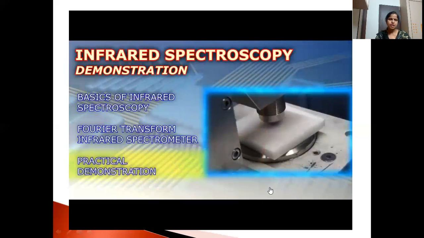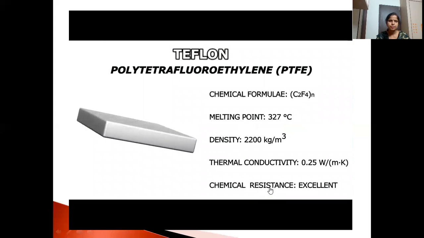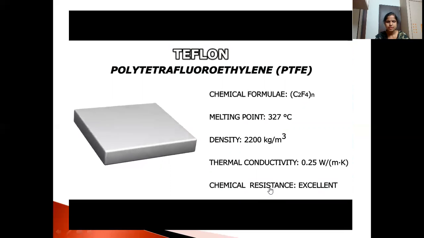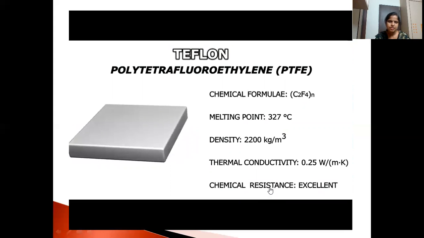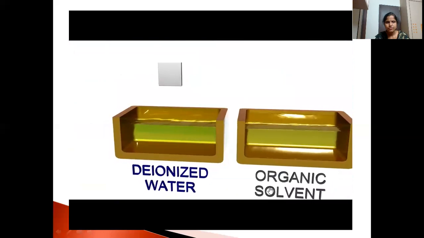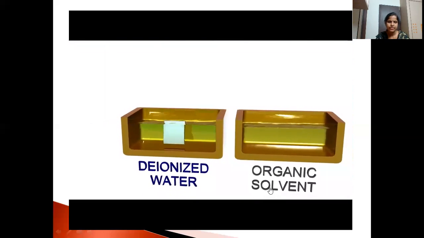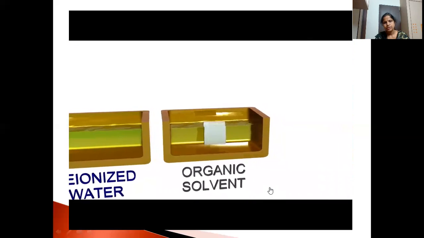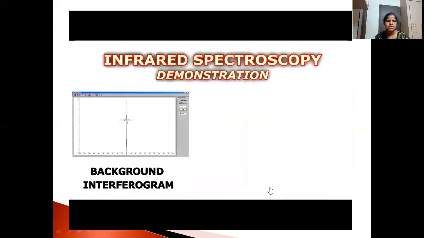Now we'll see, taking the example of Teflon, which is polytetrafluoroethylene and is chemically resistant, how to record its spectrum. First we clean it using deionized water and then organic solvents, and then first do the background interferogram.